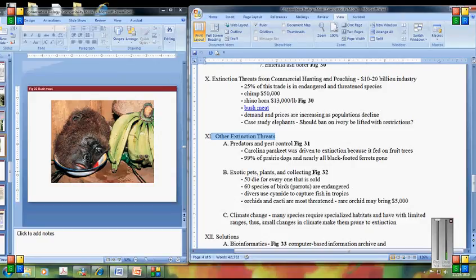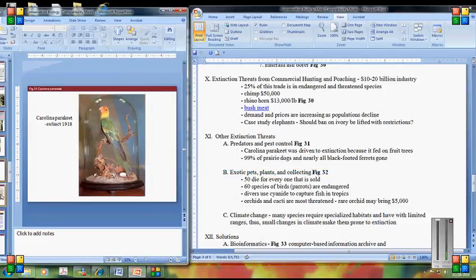Prairie dogs are almost gone, and nearly all black-footed ferrets. Ferrets are natural predators of prairie dogs, so if you get rid of the prairie dogs, you lose ferrets. And of course, prairie dogs dig holes in ranchers' lands, so they're considered a pest, and they've been shot and reduced.